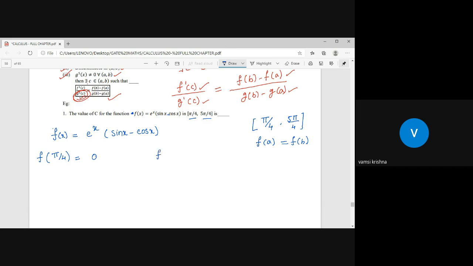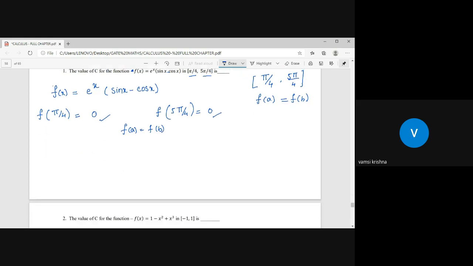And in the same way 5 pi by 4, same multiple, that is also 0. Odd multiple. Yes. Anyway, f of a is equal to f of b. So f of a is equal to f of b, then we can go for Rolle's theorem.